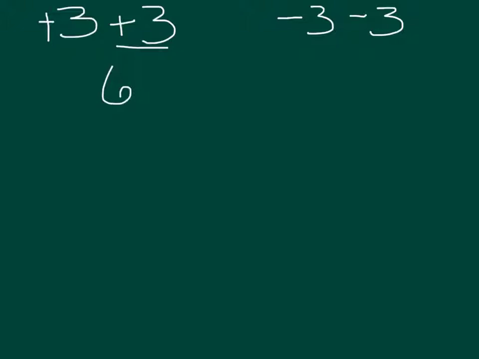And the rule in adding integers is that if they have the same sign, you get the sum of the numbers. So the sum of 3 and 3 is 6.